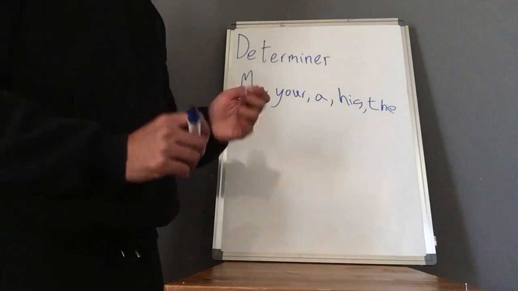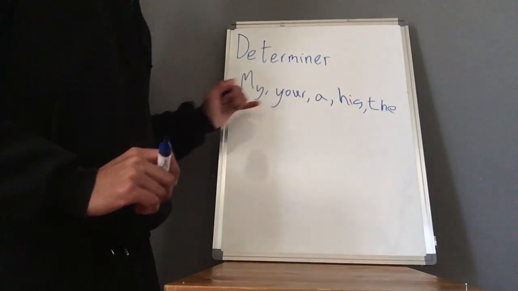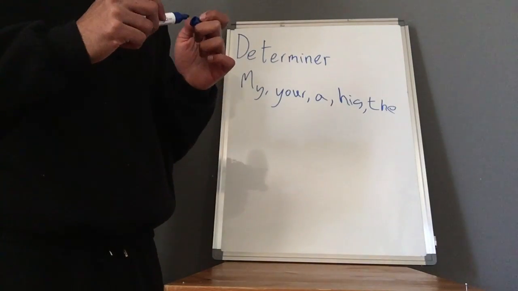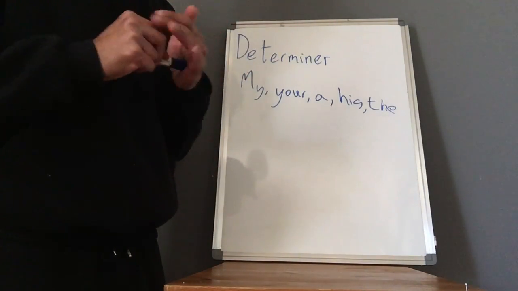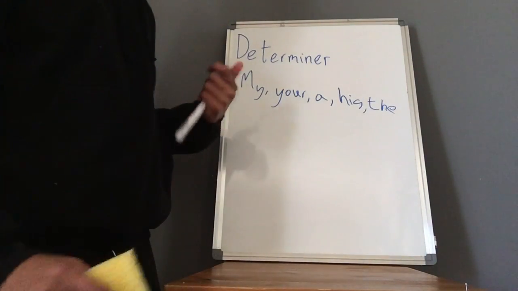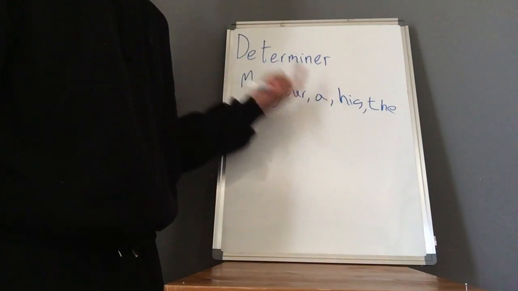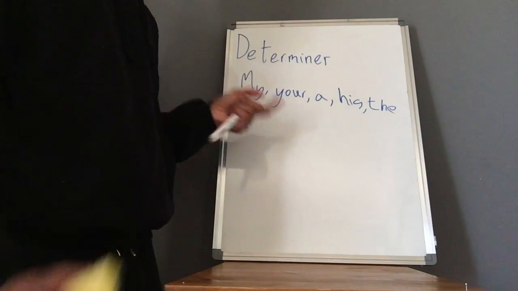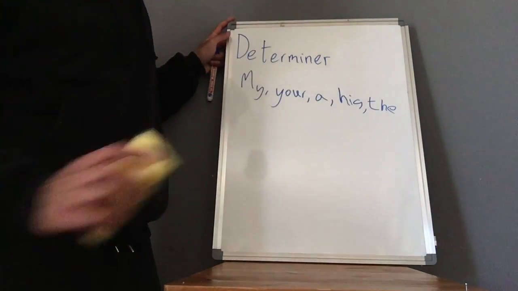So when you use them, these basically will tell people which object, which noun you're talking about. So they're very simple. You all actually know these. You probably just don't think of them as determiners. But this is just the first type of adjective we're going to look at.